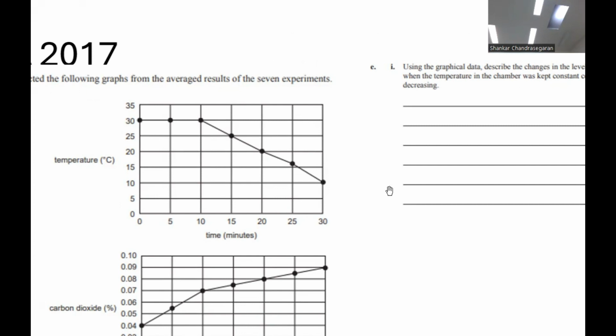They basically want you to use the dependent variables and make a statement of what the dependent variables were like when the temperature was kept constant, and then what they were like when the temperature is decreasing. So you'd have to analyze all the graphs that are present.